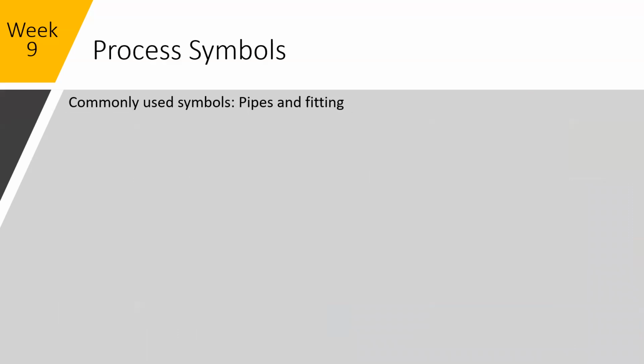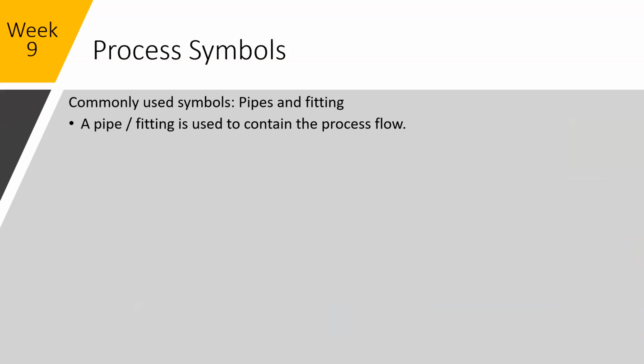So, other common symbols used: pipes and fittings. A pipe and a fitting is your process flow tube. So stainless steel, copper, cast iron, PVC, anything.